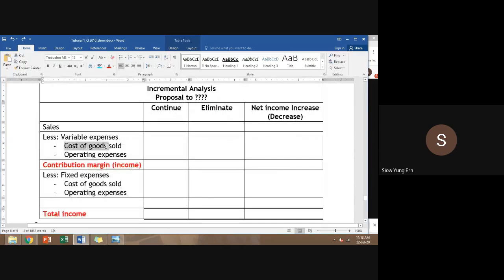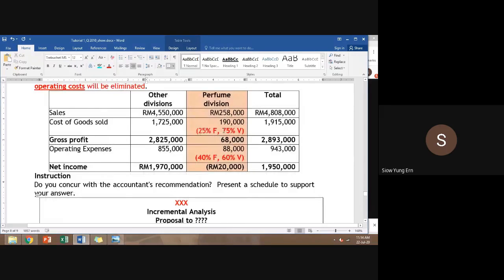Let's talk about cost of goods sold first. How much will be your variable cost of goods sold? Correct, 142,500. How do you get that? 75% of 190,000, which gives 142,500.